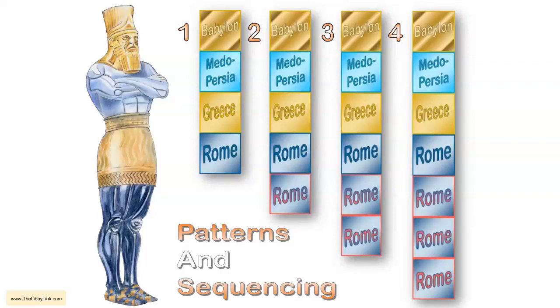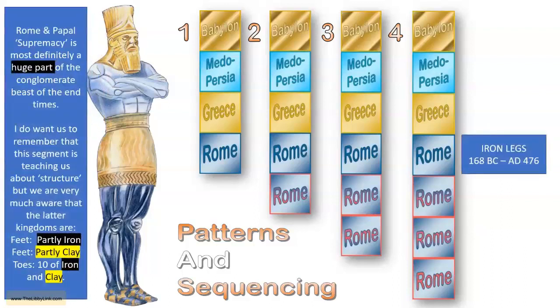But the question came in that was posed to me from several sources, not a whole bunch, but they wondered why the bottom section was mainly Rome, Rome, Rome, Rome.